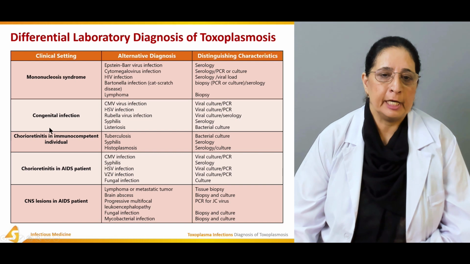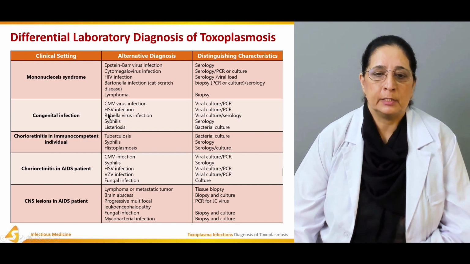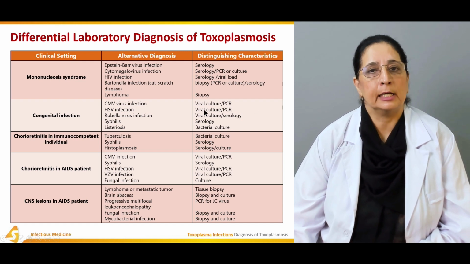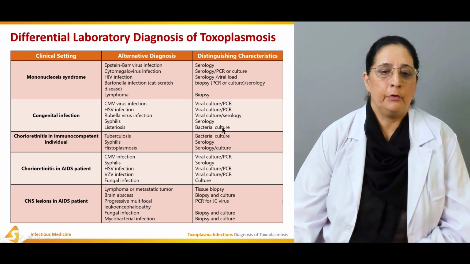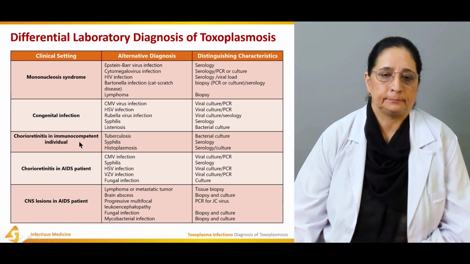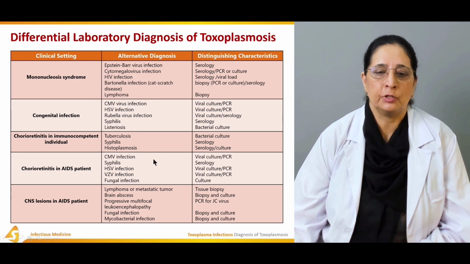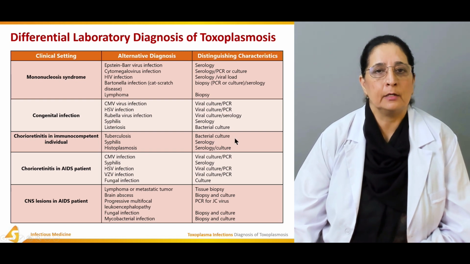Then we have congenital infection, which can be CMV, HSV, rubella, syphilis, and listeriosis, and again distinguishing characteristics can be found by culture, PCR, and serology. Chorioretinitis can be in tuberculosis, syphilis, and histoplasmosis, and again culture and serology are done.